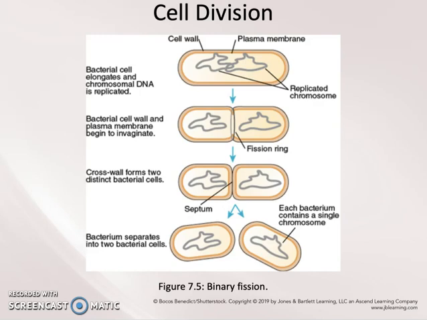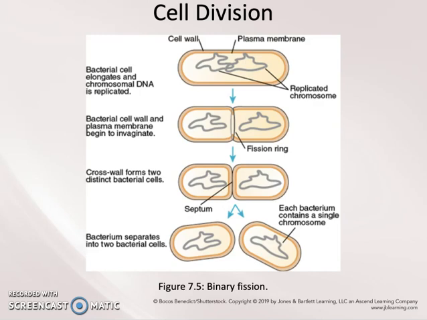So the first step of this process, known as binary fission, is to replicate the DNA of the cell, the chromosome. After DNA replication, those two pieces of DNA are sectioned into different halves of the cell, one on each side. A fission ring forms, creating a separation between the two halves in the form of a cell membrane.